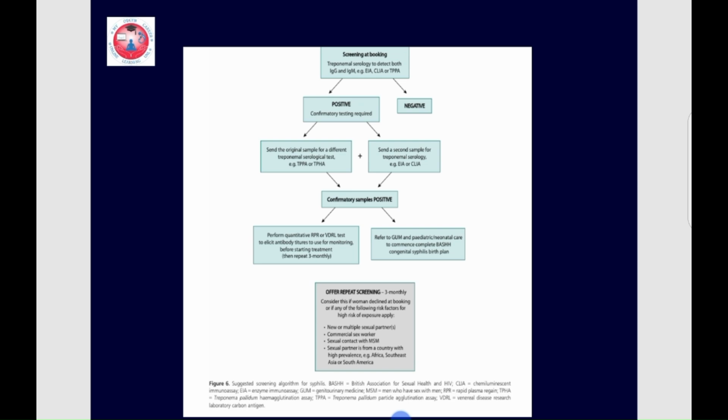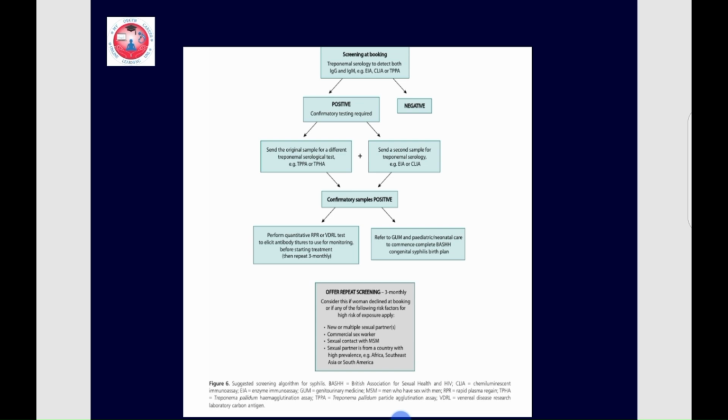On the same sample on which the EIA or CLIA test has become positive, we have to use a different test, for example TPPA. On the same sample we do the other test, and we also take a new sample from the same patient and perform the first test again, that is EIA or CLIA.